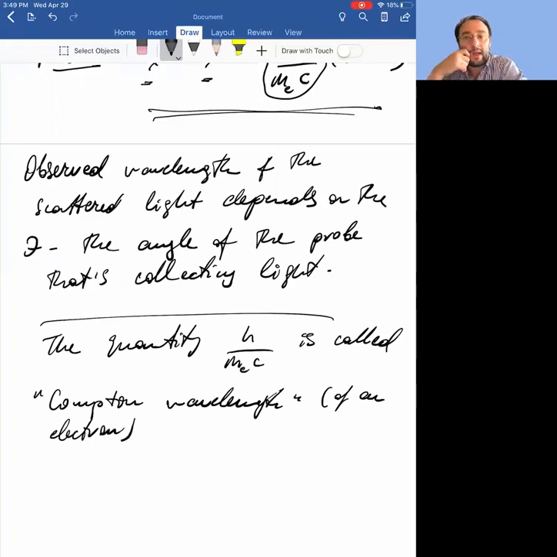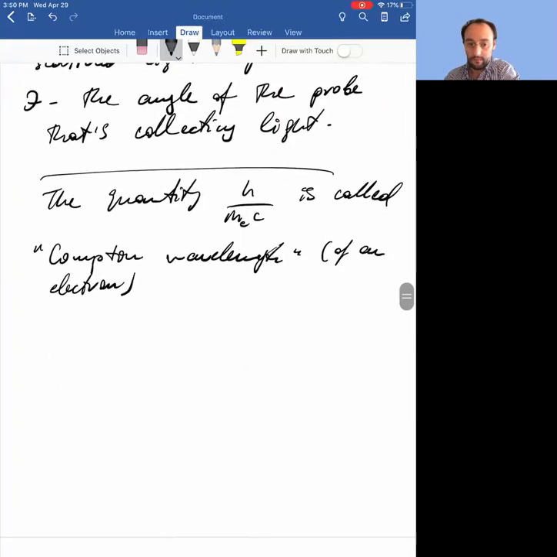Now, you can talk about the Compton wavelength of any particle. So the Compton wavelength of a particle is equal to the wavelength of a photon whose energy is the same as the mass energy of that particle. So in other words, you take mc squared and you equate that to hc over lambda, that gives wavelength equals h over mc.